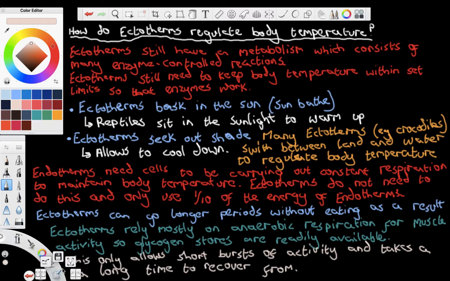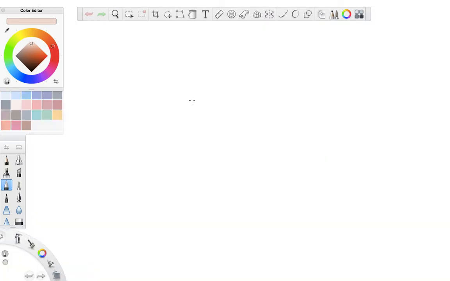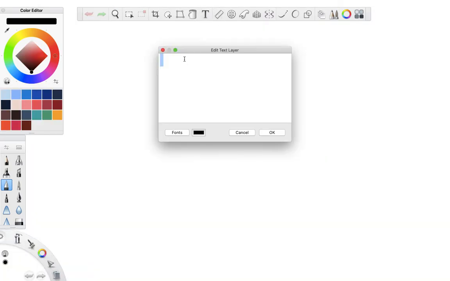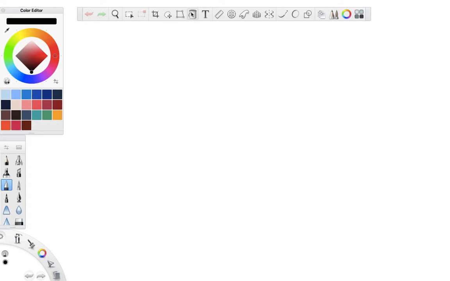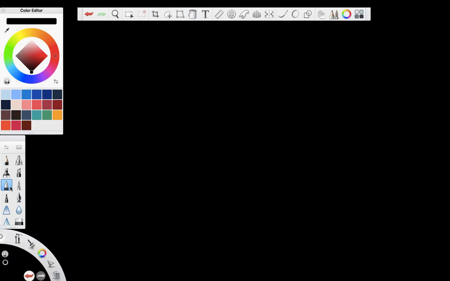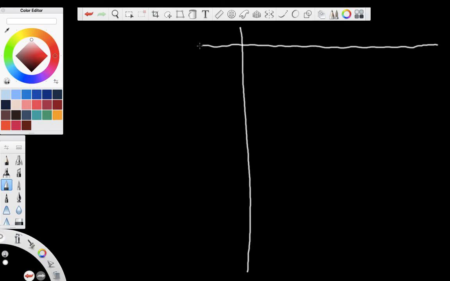So, let's compare endotherms and ectotherms. Okay? On one side, we're going to have the ectotherms, and on the other side, the endotherms.